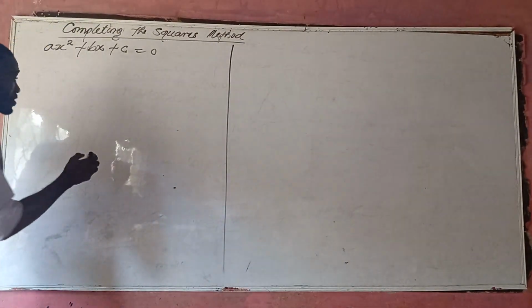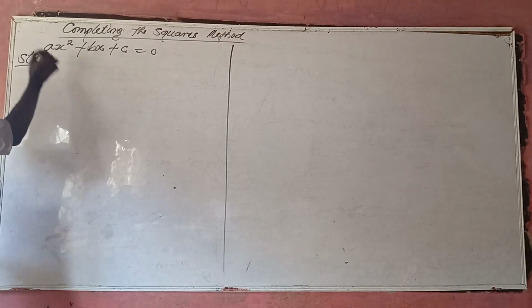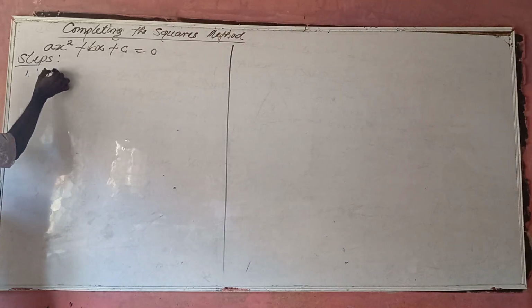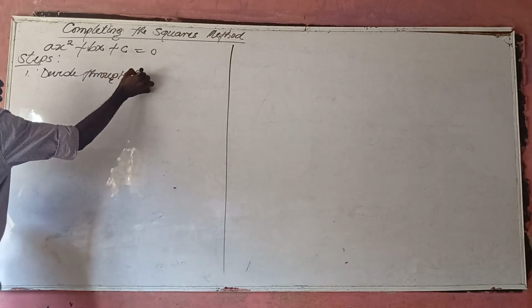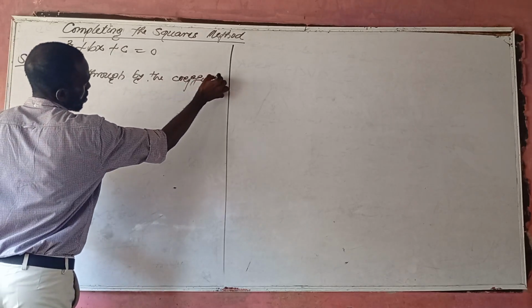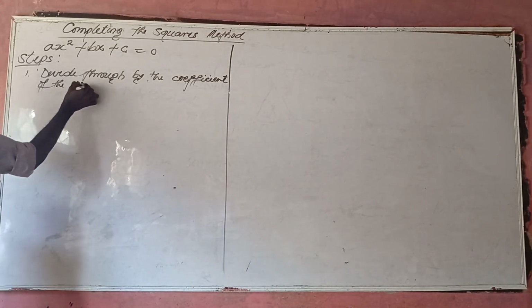The first step in solving using this completing the squares method is, one, you divide through by the coefficient of the quadratic term.